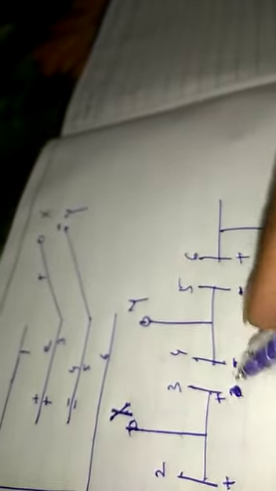If this is negative, this has to be positive by induction, plus minus, minus plus, plus minus plus, and it has to be minus by induction. Clear?